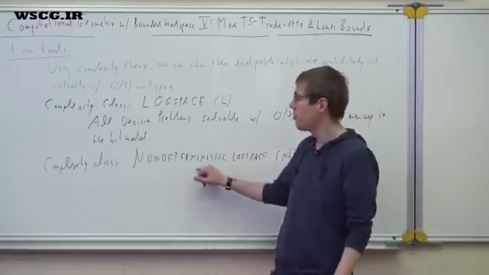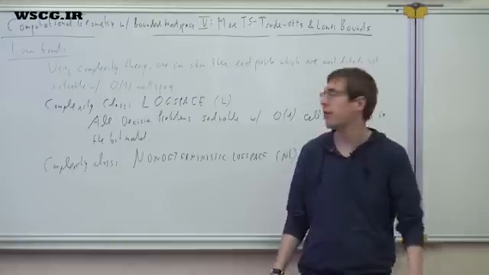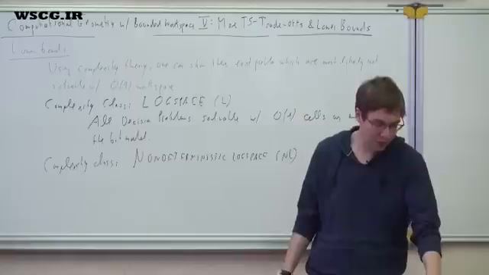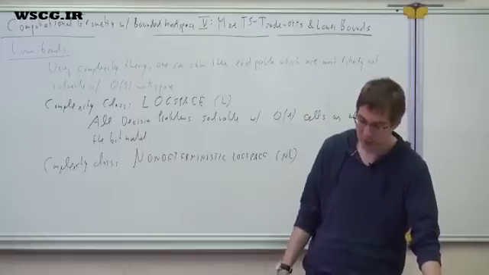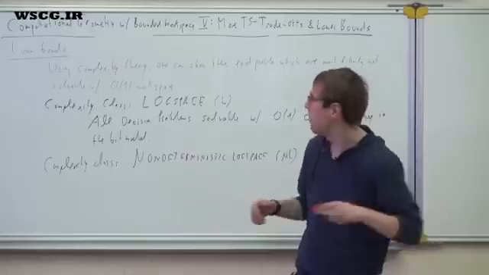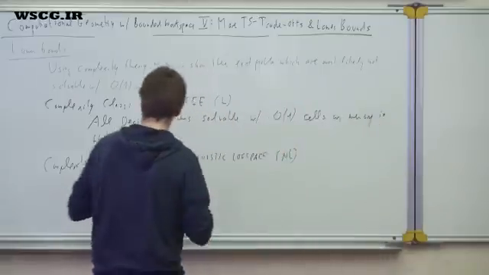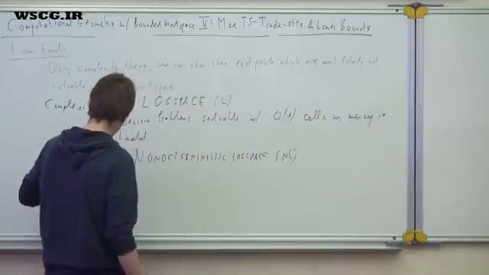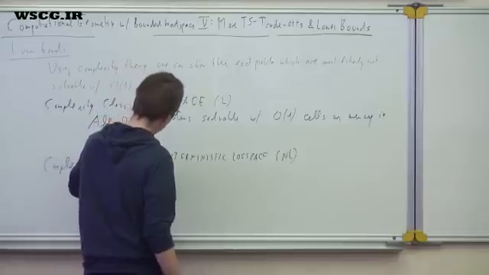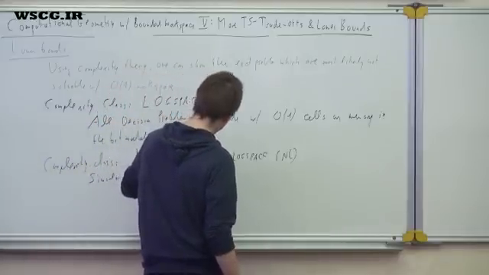That's why this class is usually defined in terms of non-deterministic Turing machines and not with certificates, because that's not as easy, or at least more subtle. So this is the same as L, but we allow non-deterministic algorithms.